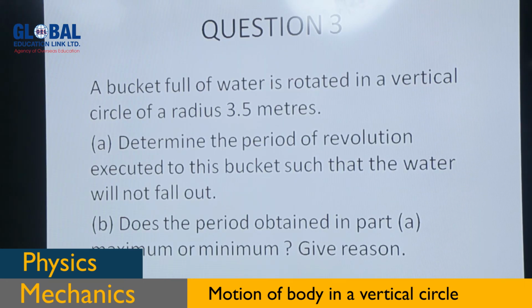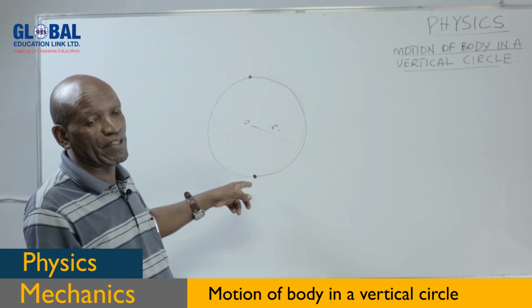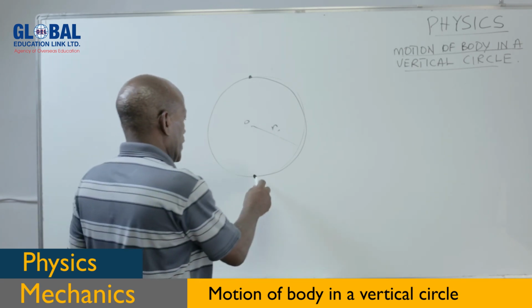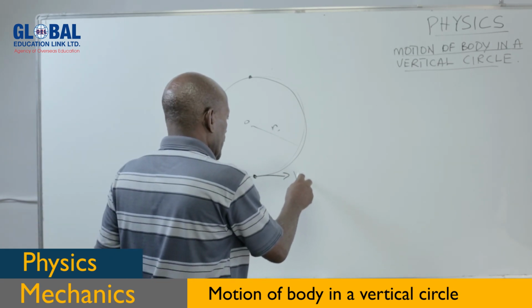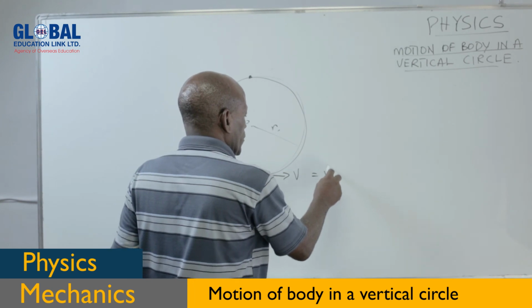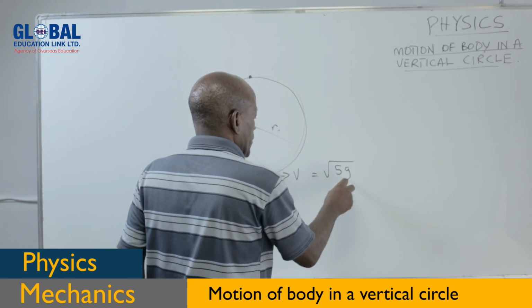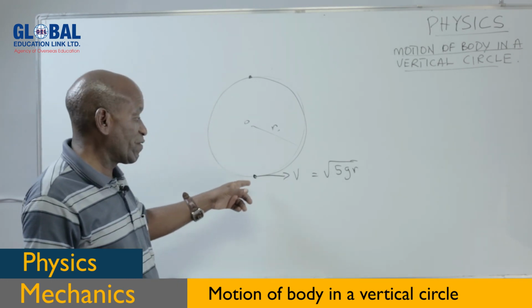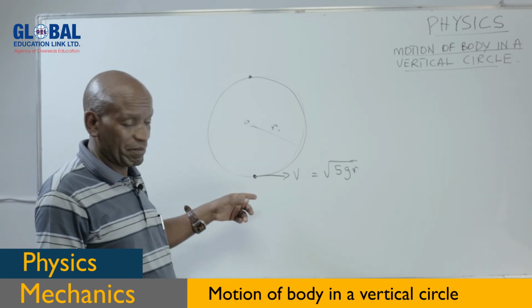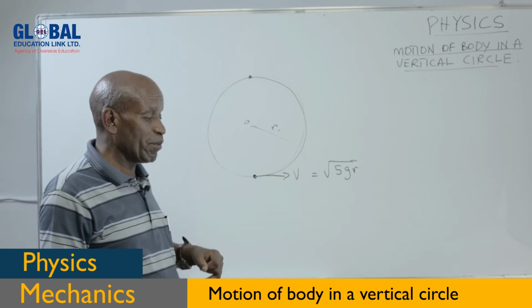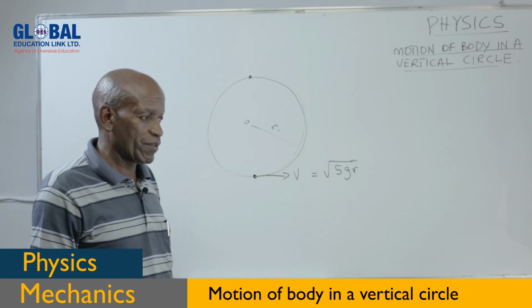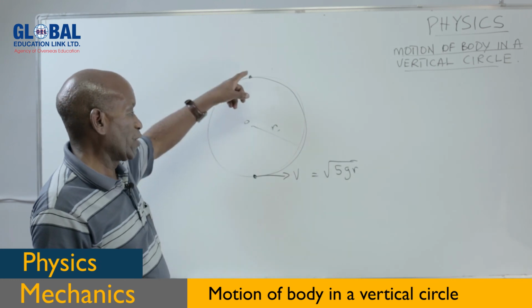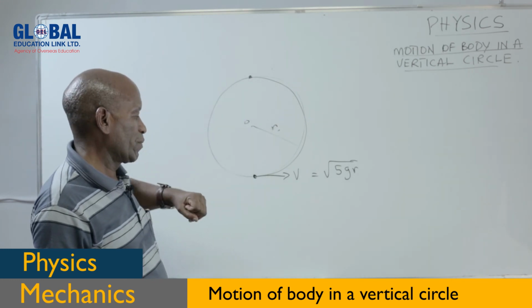To use this minimum velocity whenever the bucket is passing at the bottom, that velocity V is equal to the square root of 5 times G times R. This V, the minimum velocity whenever the bucket passes at the bottom, is the one I am going to use rather than the one at the top.